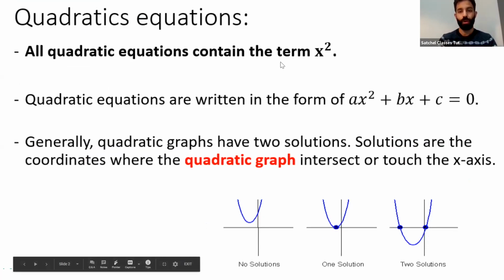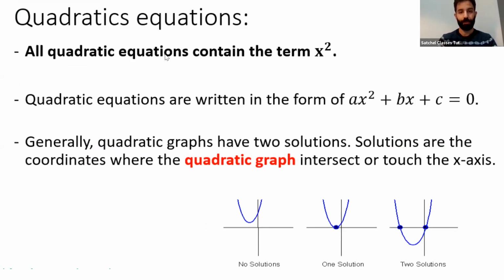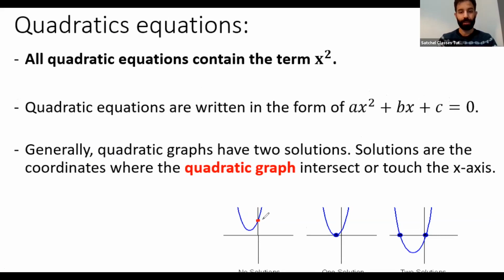So I'll just mark them quickly, just so you can see. This point here is where we intersect the y-axis, so this is our C value. This point here will also be our C value, and roughly this point here will also be our C value. So C is our y-intercept.